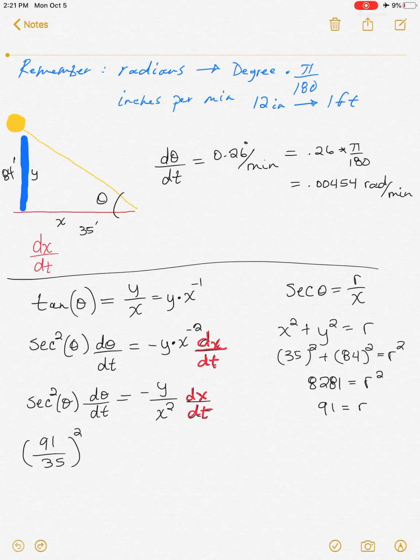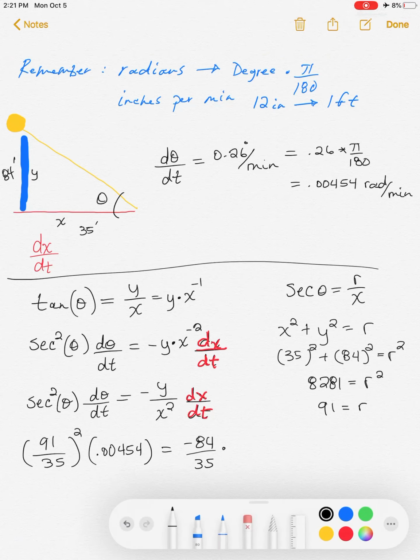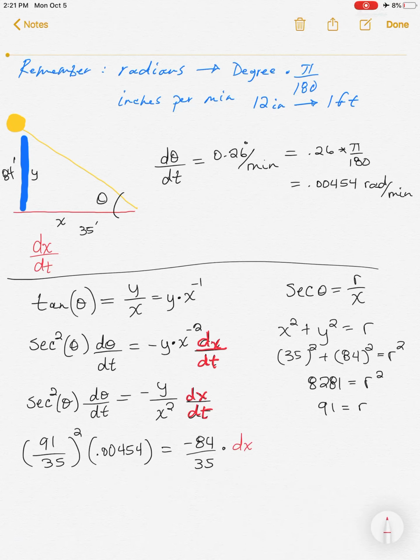As a matter of fact, we can go ahead and start plugging in all of our information. D theta dt is 0.00454 radian per minute, equal to negative y, which is 84, over x, which is 35 squared, and we're trying to find dx dt.